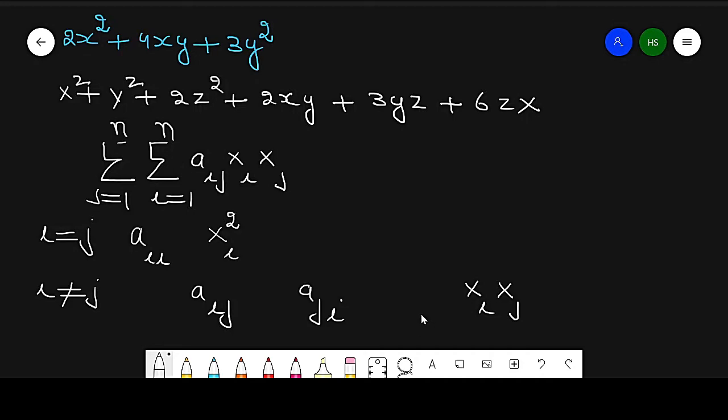Now from this we get a new term, which is the sum aij plus aji. If it is a symmetric matrix and we write it in matrix form, that is equal to X transpose A X. We will understand this with an example.